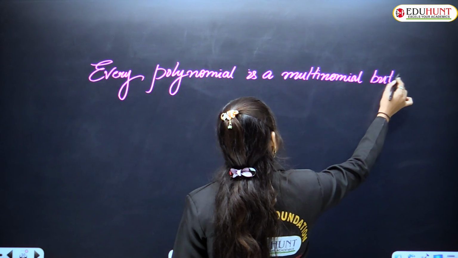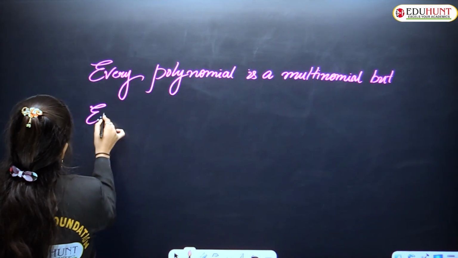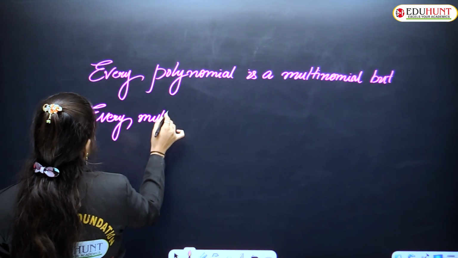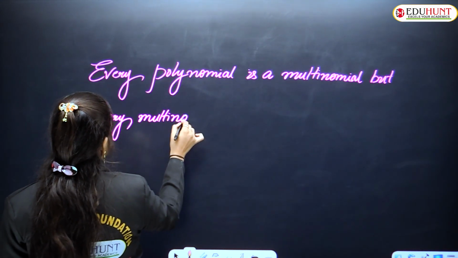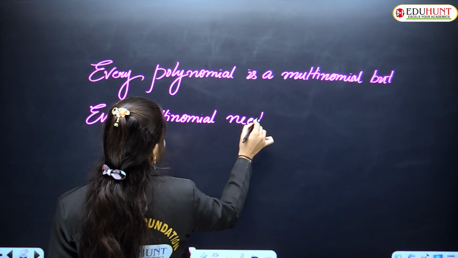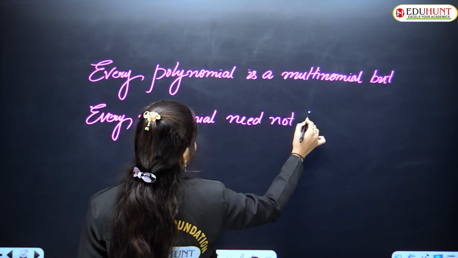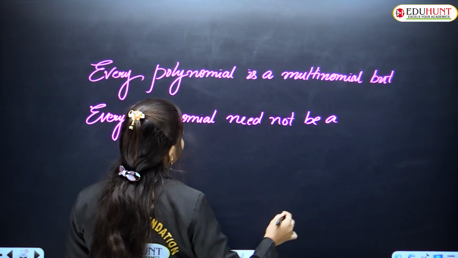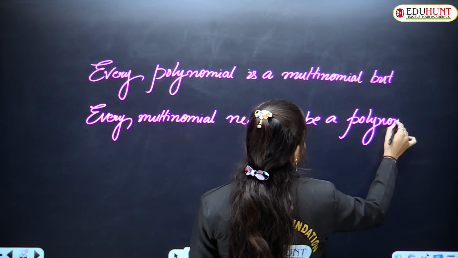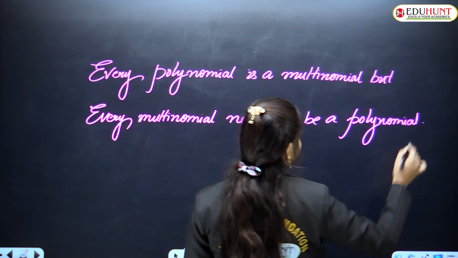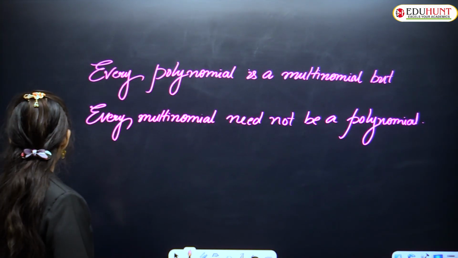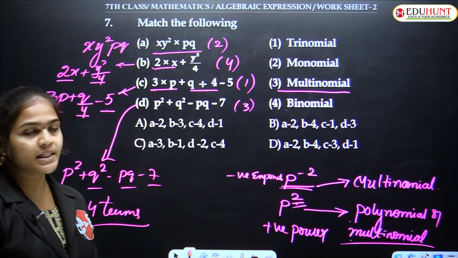But every multinomial need not be a polynomial. Need not be a polynomial. Why? Because if that multinomial is having a negative power, then that is not a polynomial. Okay ma, this is the statement. So as per this one, which option is correct?